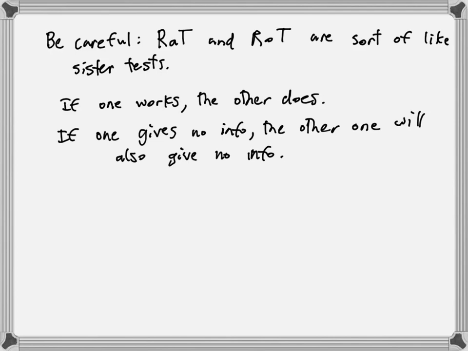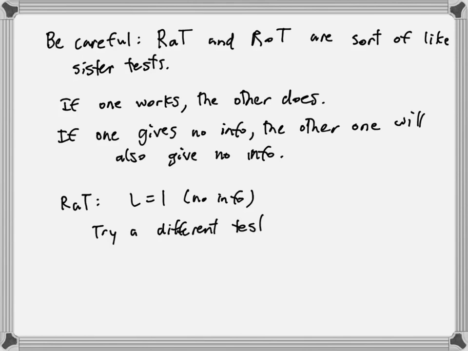This is important. This means that if you are doing, let's say, the ratio test, and you get L equals 1, which means no info, try a different test. Other than the root test, right?